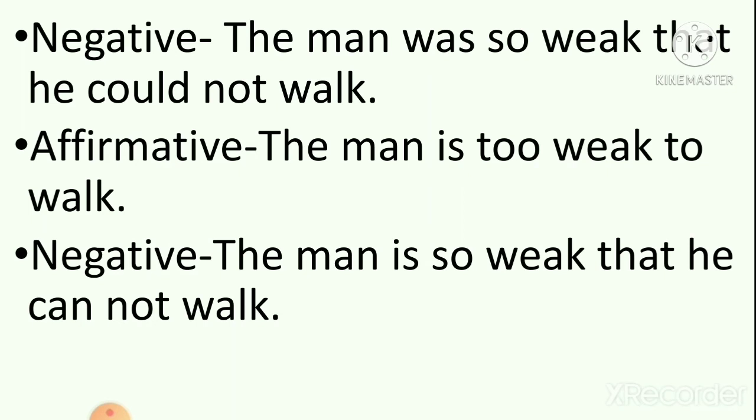Here the sentence is in past form, so we must use "could not": the man was so weak that he could not walk. And the next sentence is in present form: the man is too weak to walk, so the negative will be: the man is so weak that he cannot walk.